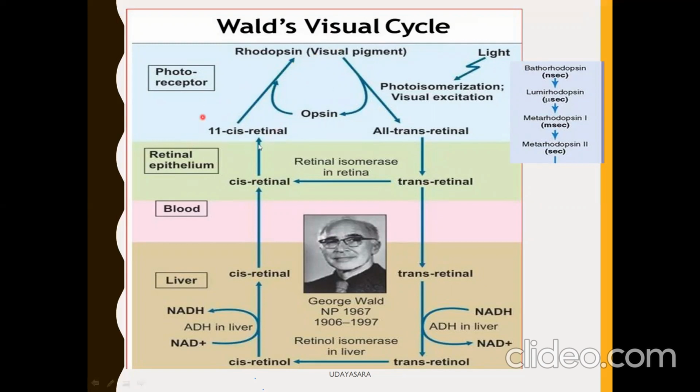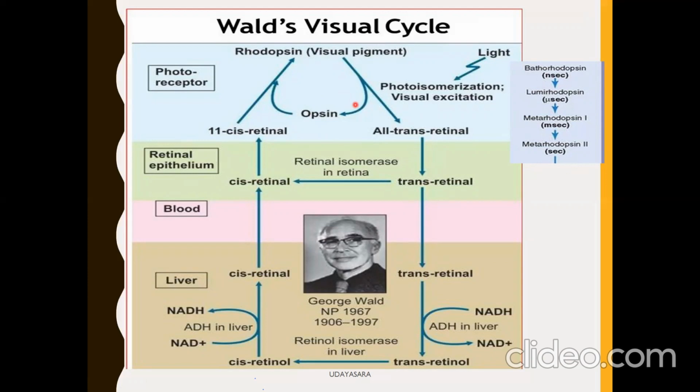This 11-cis retinal is isomerized to form all-trans retinal. Immediately, many intermediates are formed: bathorhodopsin, lumirhodopsin, meta-rhodopsin 1 and meta-rhodopsin 2. During the conversion, there is a structural reorganization of the opsin, which in turn causes changes in the resting membrane potential, which in turn generates nerve impulses.